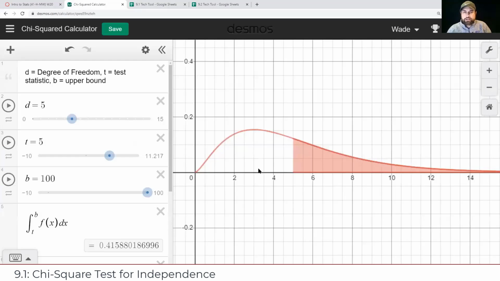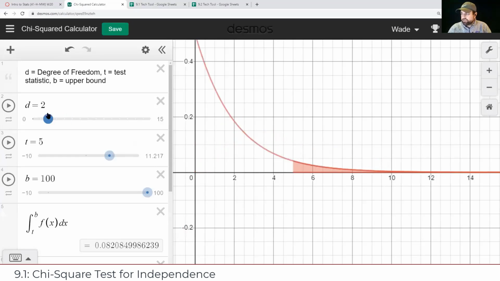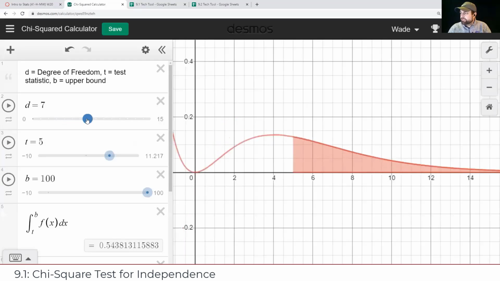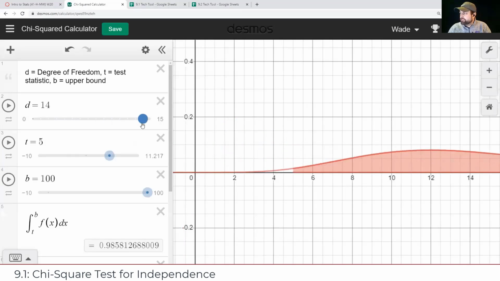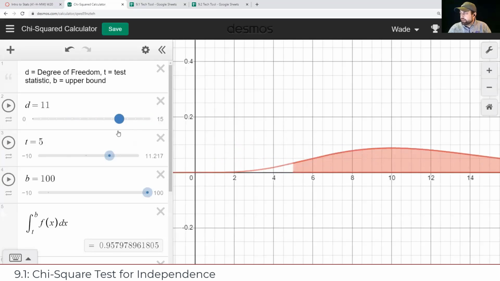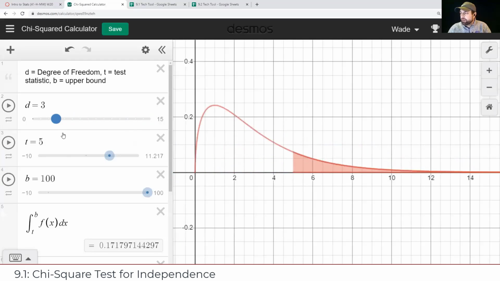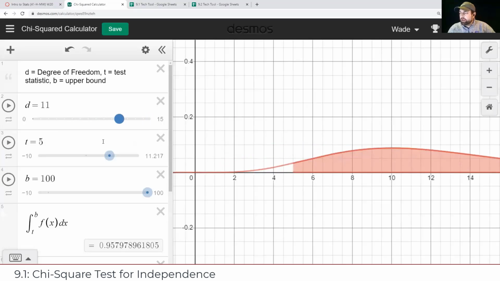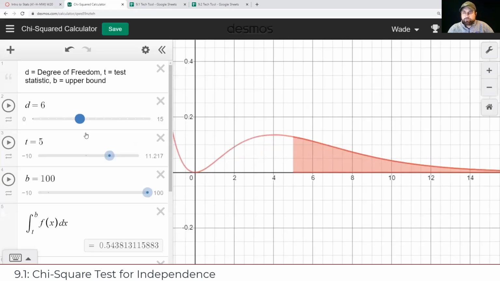The distribution of chi squared is greatly dependent on degrees of freedom. Watch this. 2, 3, 4, 5, 6, 7. You see how that curve changes? It's almost like a tsunami. Like it's coming in and then the wave gets really big right there. But the area under that curve changes tremendously based on your degrees of freedom.